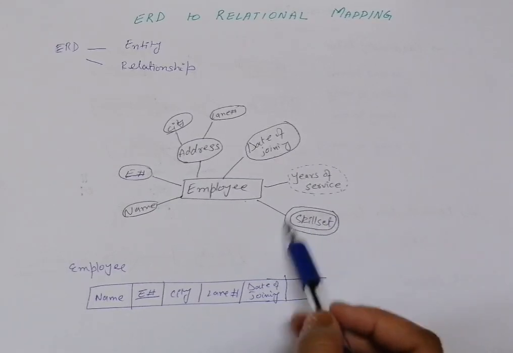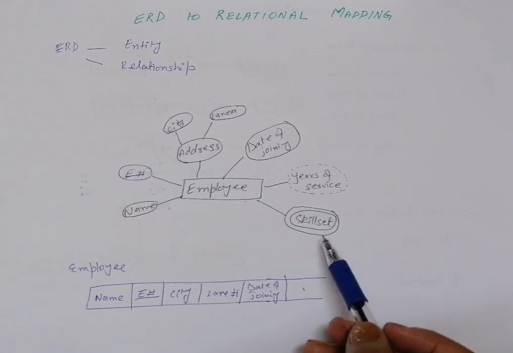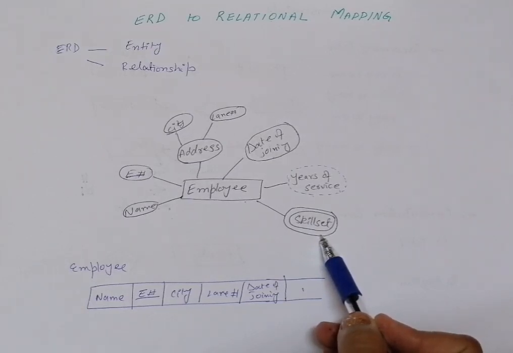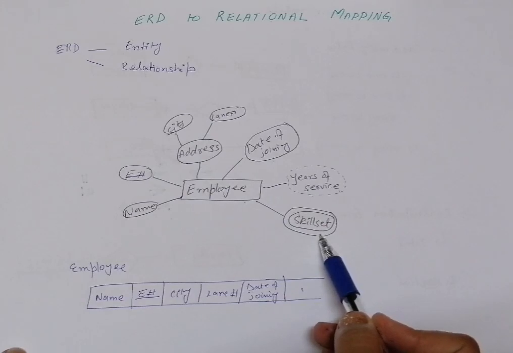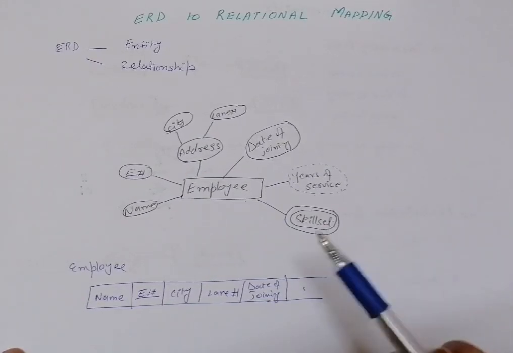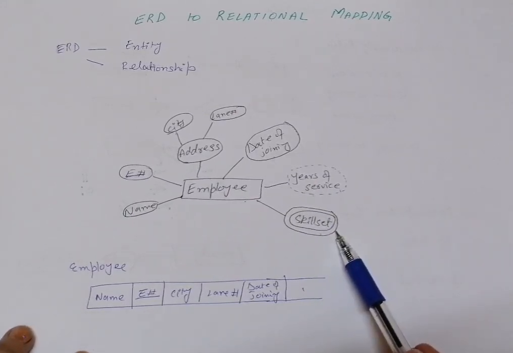The last attribute is skill set. As you know, skill set is a multi-valued attribute, which means we don't know beforehand how many values this attribute may contain. For example, employee 1 has, let's say, 3 skills: C++, Java, and Android. Maybe employee 2 has additional skills of PHP and web development as well. So we don't know how many entries this attribute may contain.